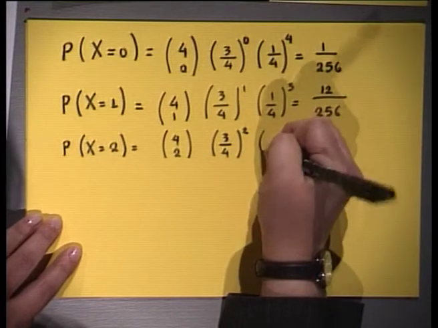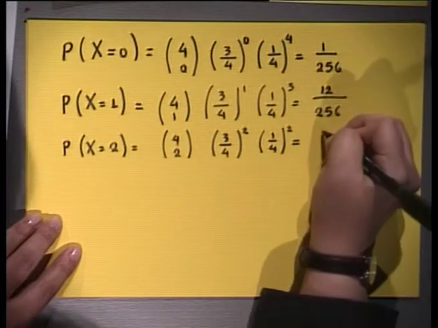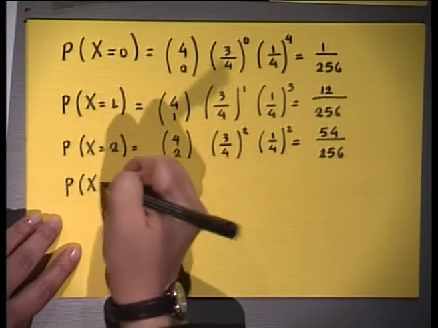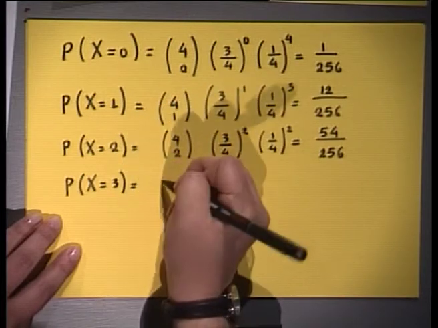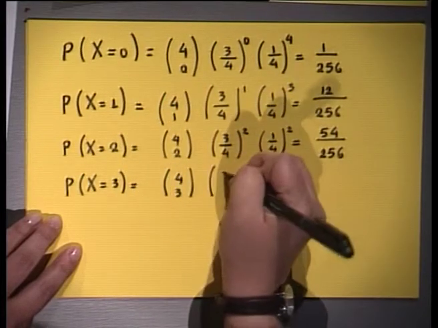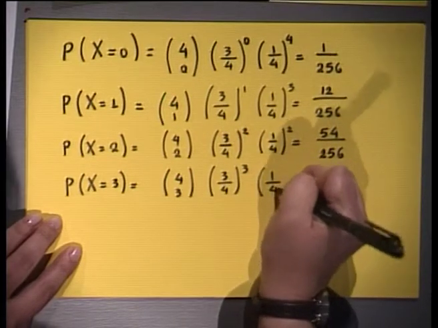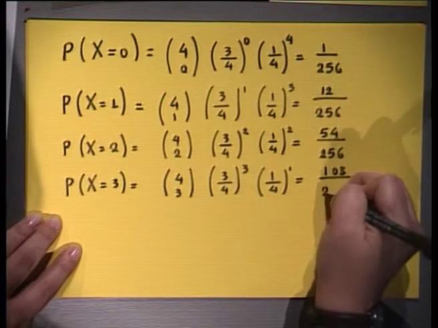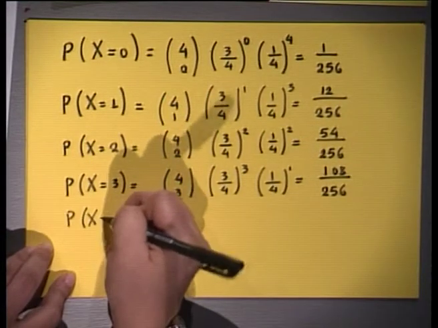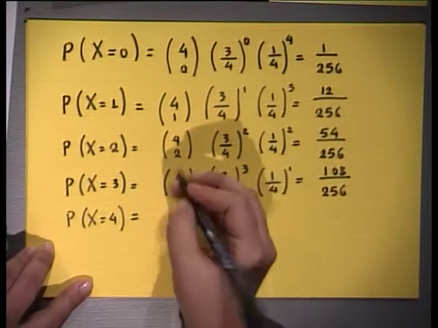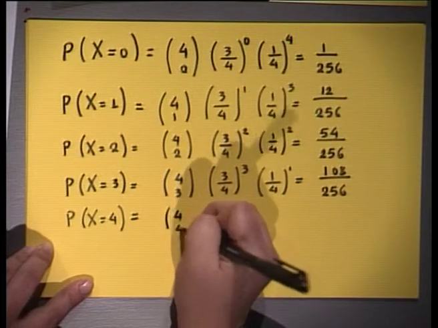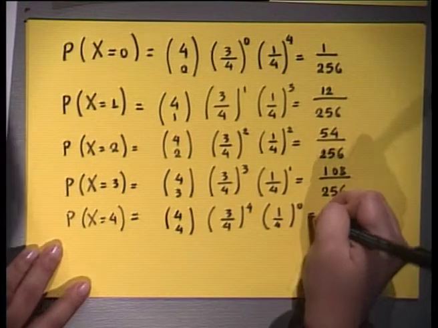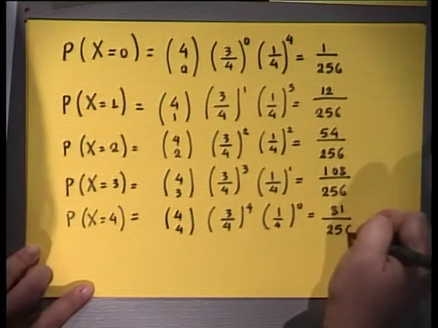this is calculated to be 54 out of 256, and the probability of X equals 3 will be, if we do the calculations, 108 out of 256, and the probability finally of X equals 4 will be 81 out of 256.